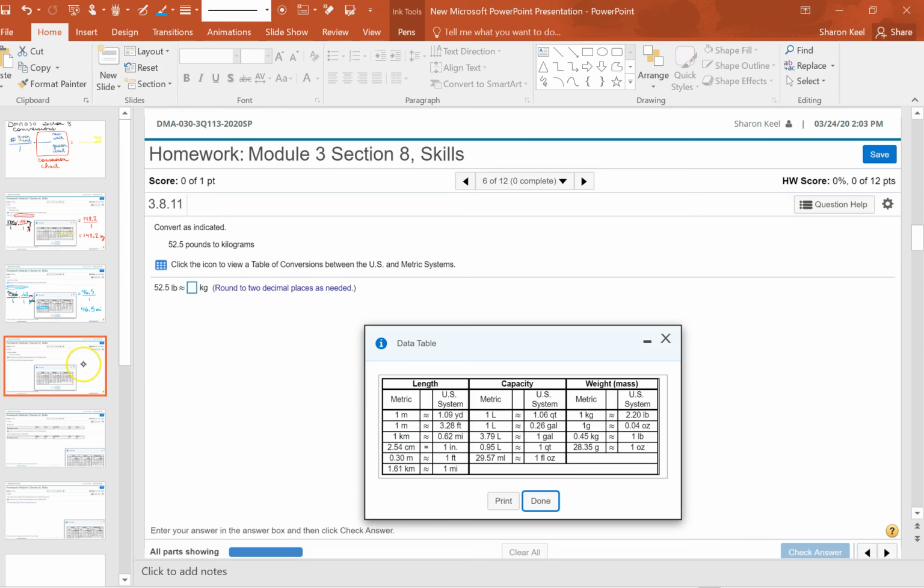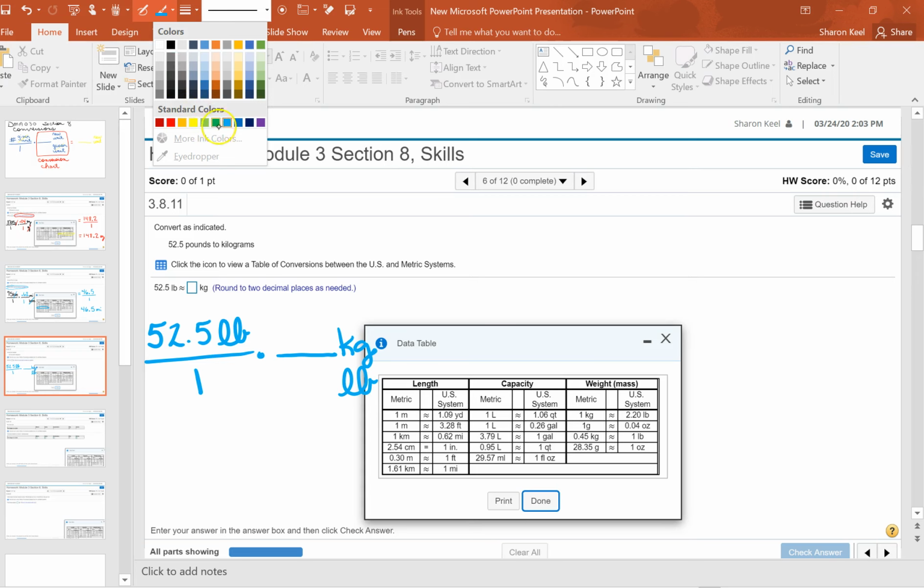Okay, let's move on to the next one. 52.5 pounds to kilograms. So our given unit is 52.5 pounds. Put that over 1. We want to convert that to kilograms. Our given unit was pound.